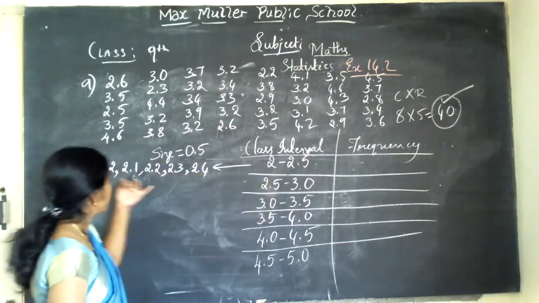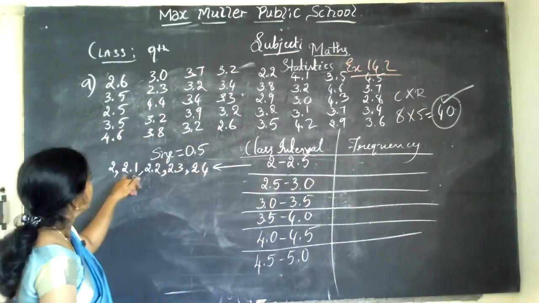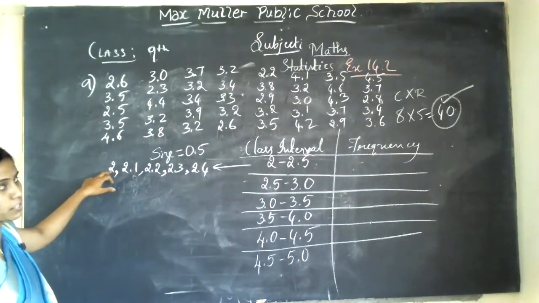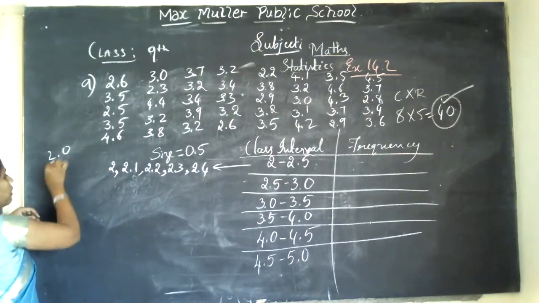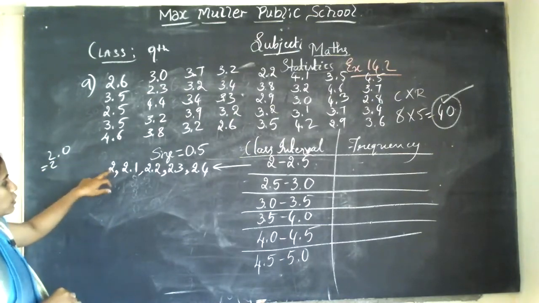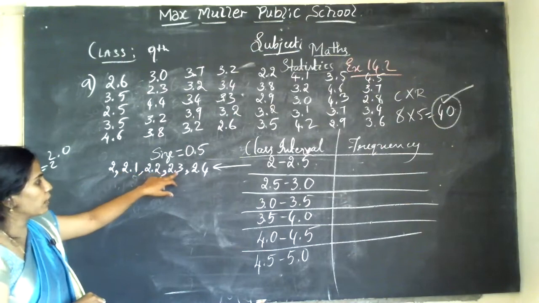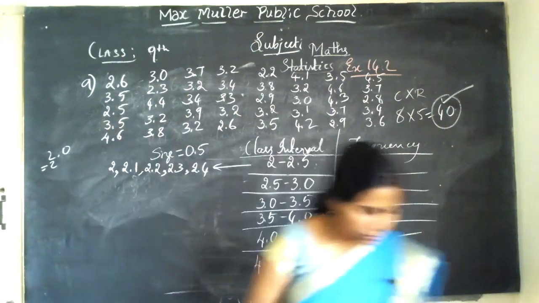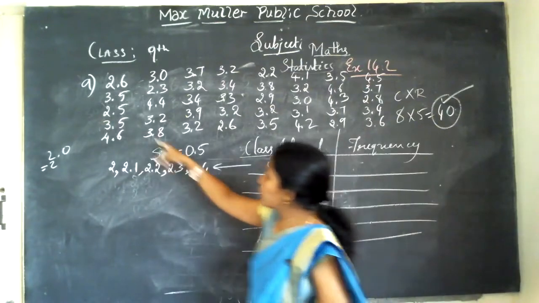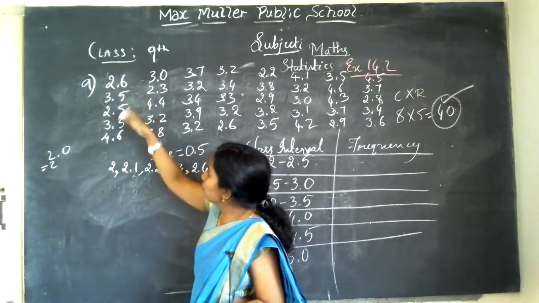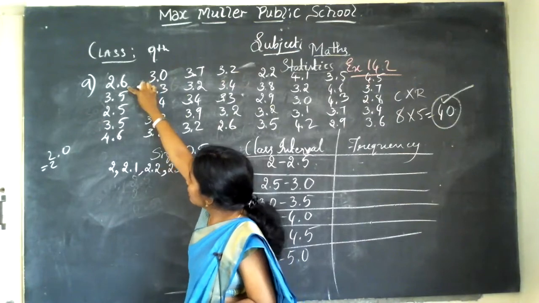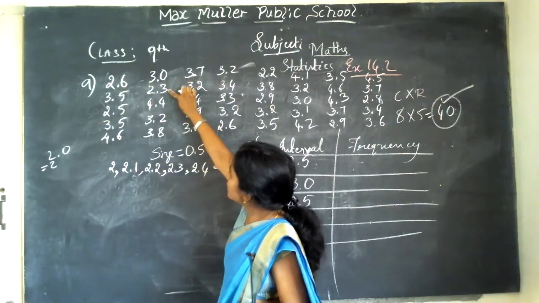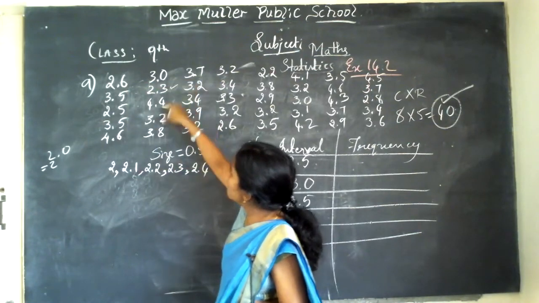So search for these numbers in the given data: 2.0, which is the same as 2, 2.1, 2.2, 2.3, 2.4. Let me go column wise. Less than 2.5 you have to get. So here you have 2.3, 1.